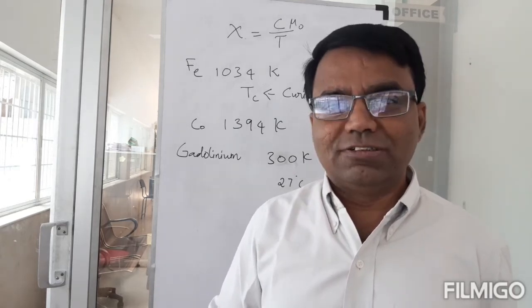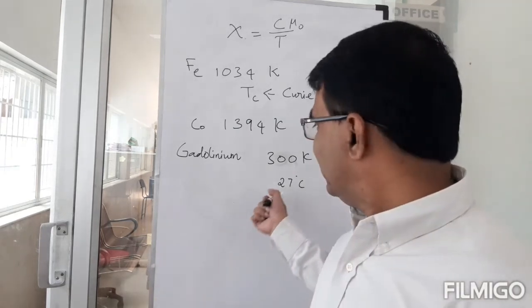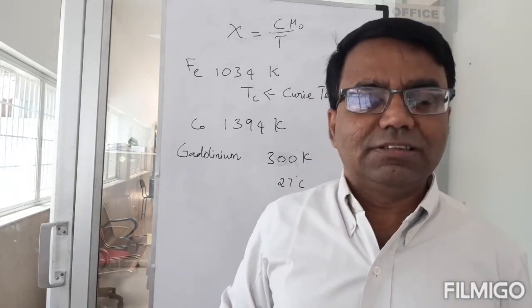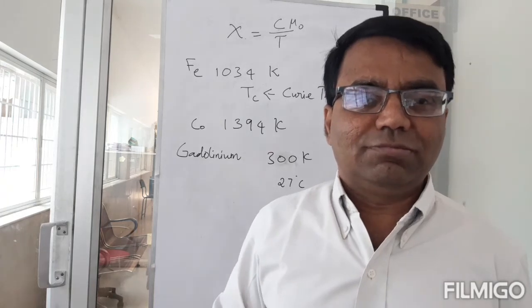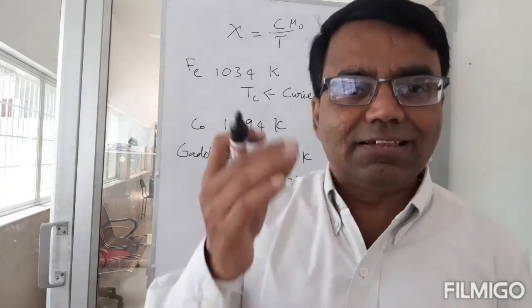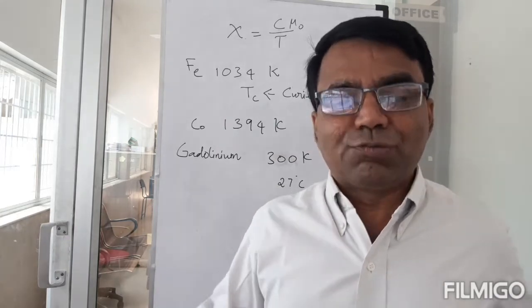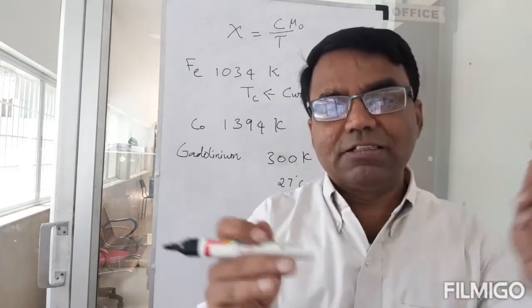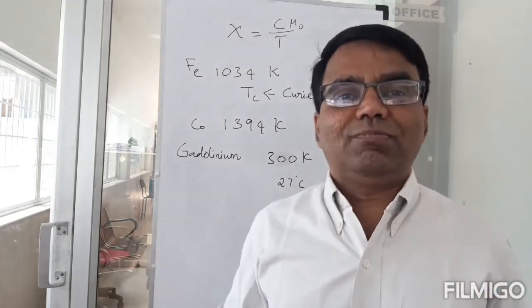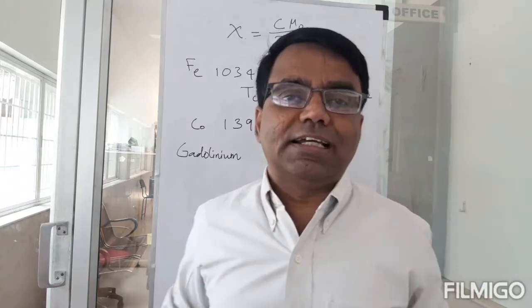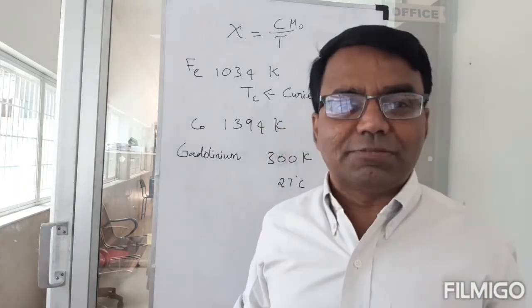So in room temperature, gadolinium is a ferromagnetic material. And then if you just heat it slightly, then it becomes a paramagnetic material. It will still be attracted to a magnet, but not so much. There is a very weak attraction. So it becomes a paramagnetic material.